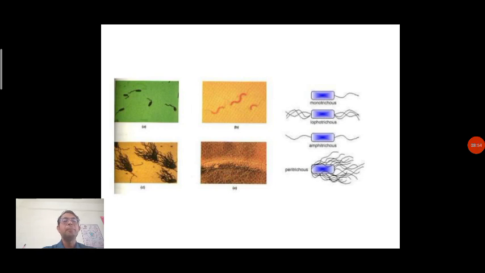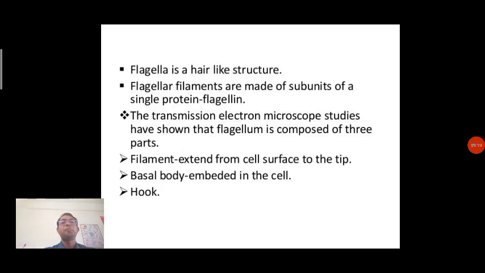Depending on this, the name of the bacterium will change. Here you can see monotrichous means having a single flagellum, amphitrichous having flagella on two different sides, then lophotrichous and peritrichous. These are nothing but the different types of flagella arrangement.